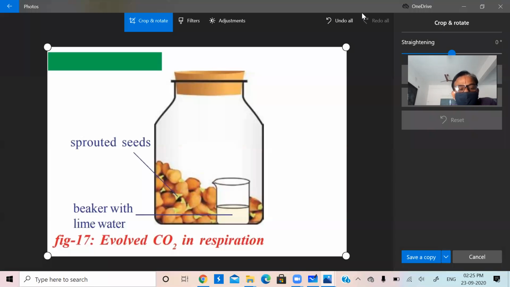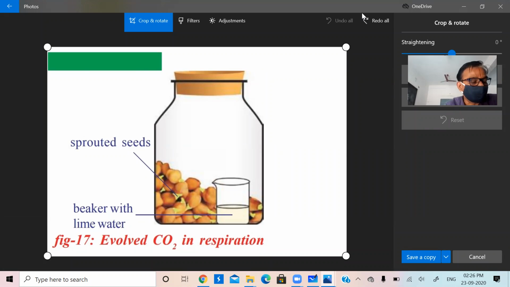So here, this is a setup of the experiment to prove that carbon dioxide is evolved during the respiration. For that, we need a wide mouth bottle, then a beaker, and this beaker is filled with lime water.